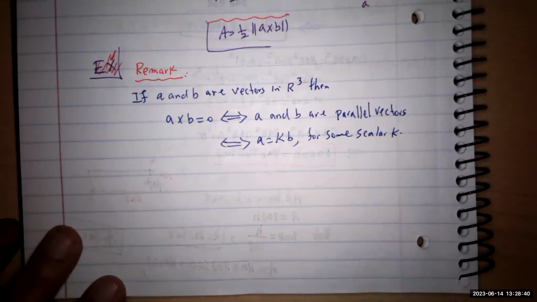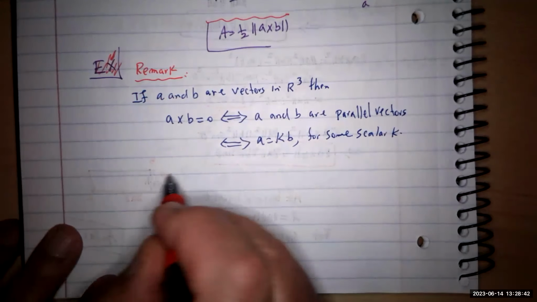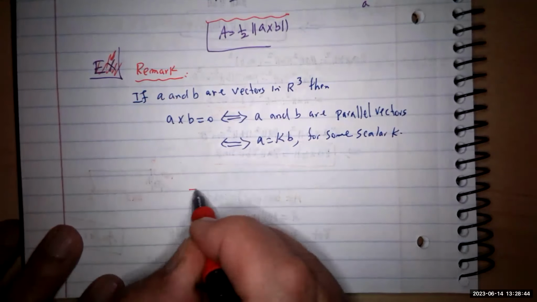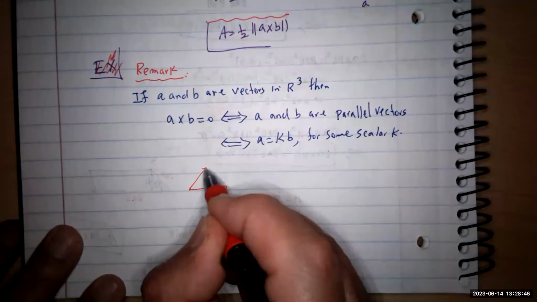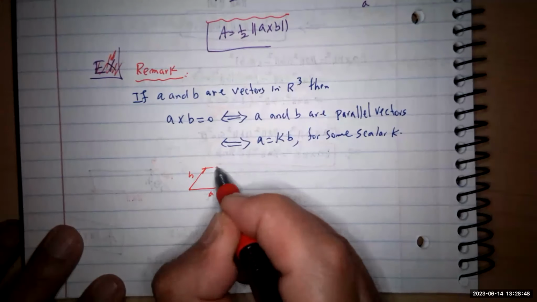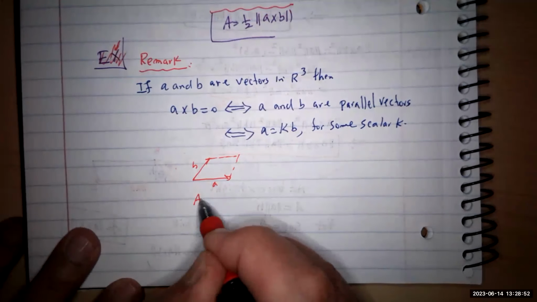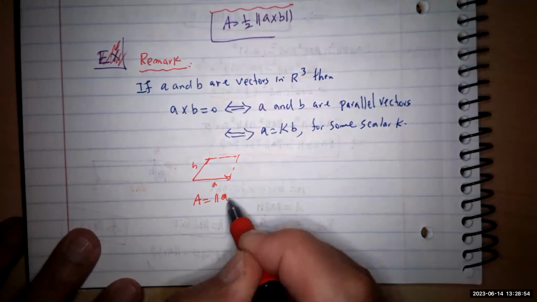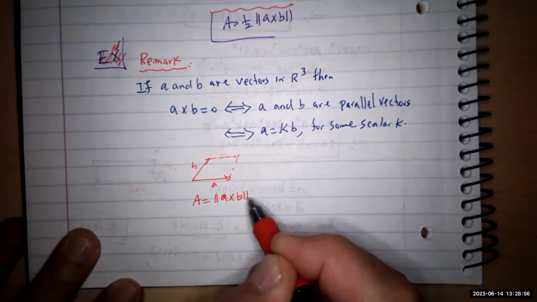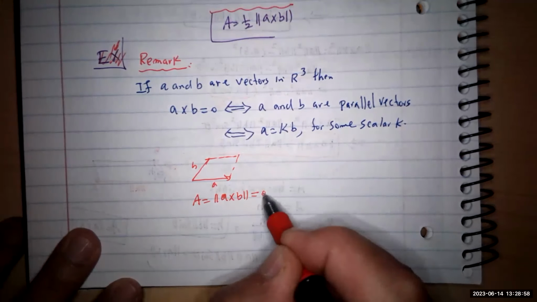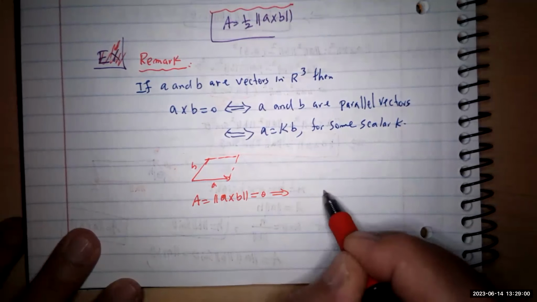Okay, and the reason is, as we talked about, remember if you have this parallelogram again, the area is A cross B. And this would be 0. If you get 0, it means you are not going to have a parallelogram.